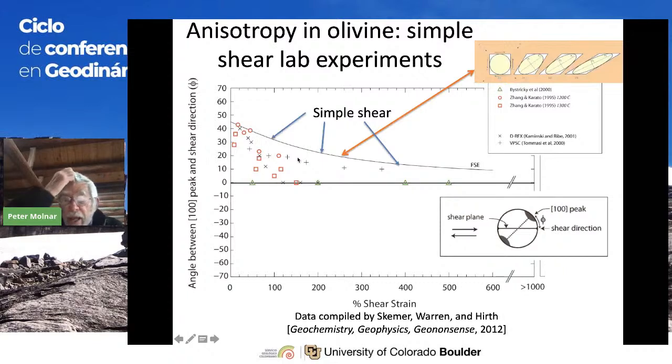So what's this saying? Well, let's go back to laboratory measurements. This is the case of what's the orientation of the 100 plane peak to the shear direction. So the shear plane is oriented this way, and that's the 100 peak. That's our maximum elongation. That angle rotates around as you get shear, and this is strain, 100%, 200%.